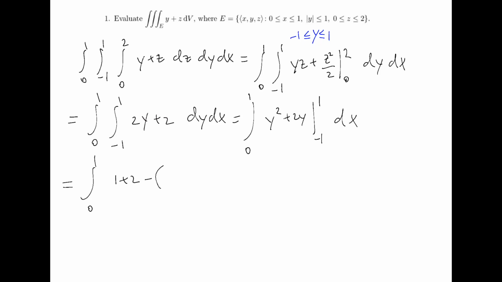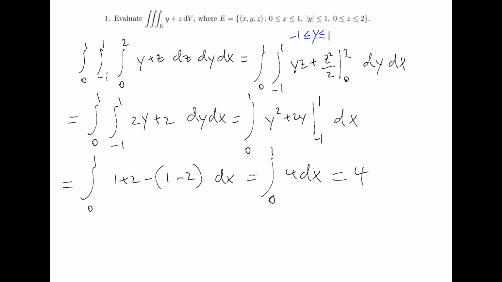Then we plug in -1, so -1 squared is 1, and 2 times -1 is -2. So that's 1 plus 2 is 3, and that's -1, so 3 minus -1, that's 4. And then you can either work it out yourself, or if you sketch it, you see that this is the area of a 4 by 1 rectangle. So that is 4.